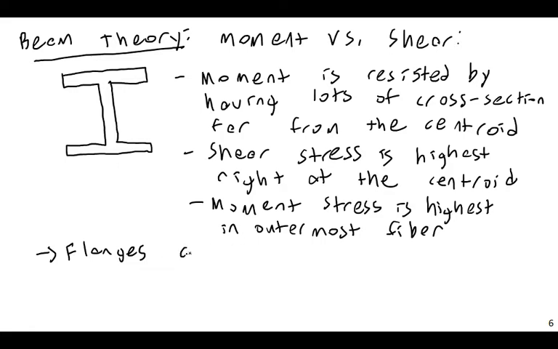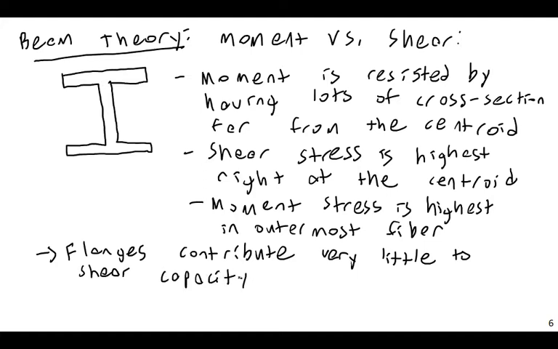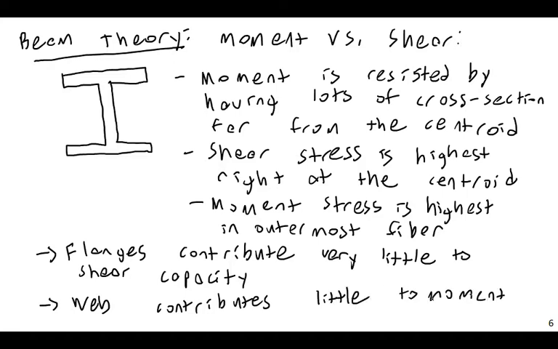So the flanges contribute very little to the shear capacity, and the web contributes very little to moment capacity. And this, in turn, will provide us with our fundamental assumptions that allow us to design shear and moment connections.